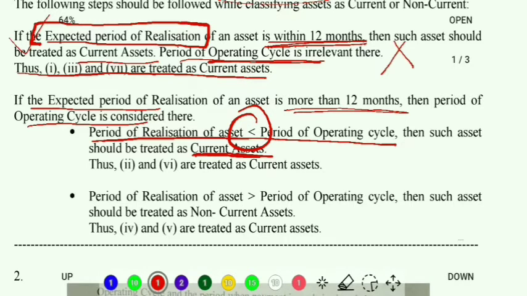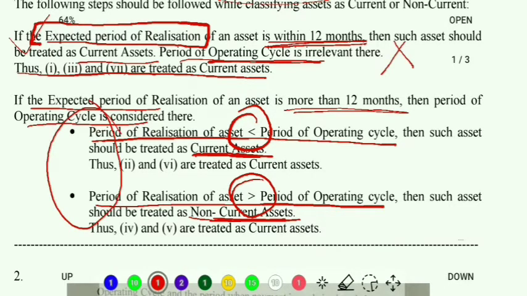And in case the period of realization is greater than the operating cycle, then the asset should be treated as non-current asset. When are these points considered? This step 2 will only come in case the expected period of realization is more than 12 months.